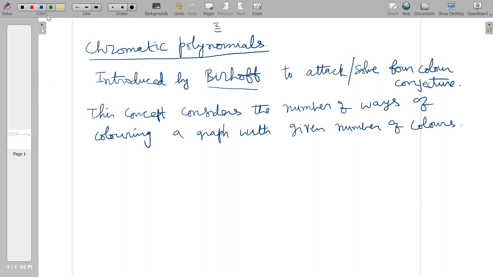So for this, let me formally introduce the notation. Let G be a labeled graph, or G be a simple graph.